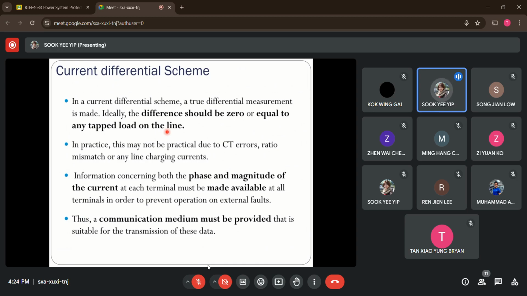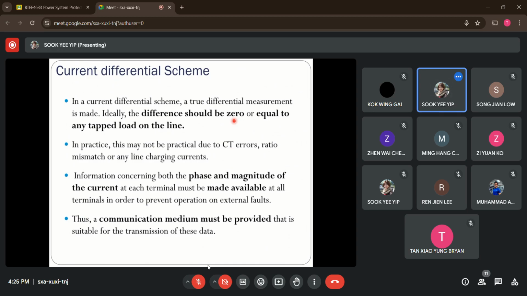So in practice, the setting for the relay, I mean the differential relay, should not be equal to zero for the pickup current value. This is because it is not practical, as we might have a mismatch coming from the current transformer side, which has different current transformer ratios. Let's say we have an external fault situation, we might have spill current flowing through the relay operating coil here. So we might have maloperation if you set it equal to zero.